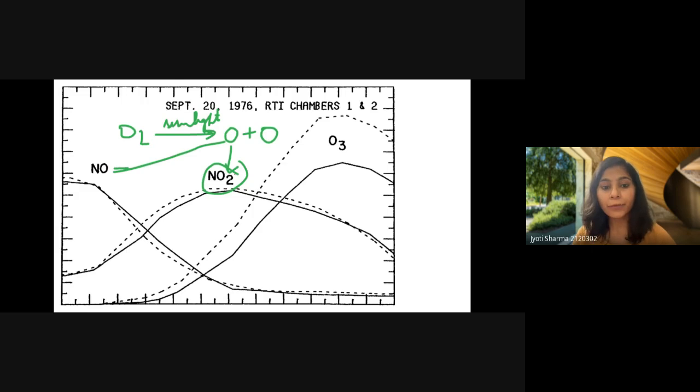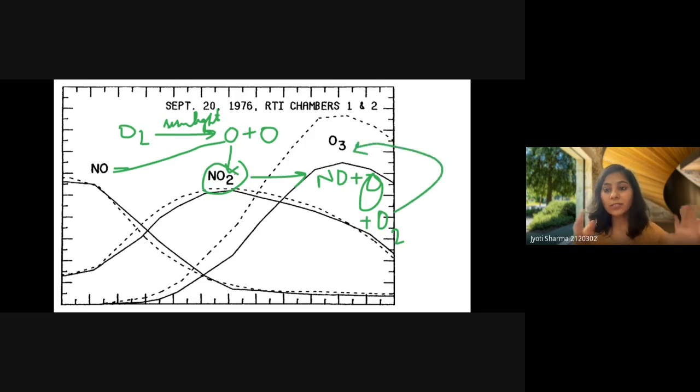Then in the sunlight again, this nitrogen dioxide will convert into nitric oxide and an atom of oxygen, and this atom of oxygen again will react with oxygen, and this will give you ozone. So this is the sequence.